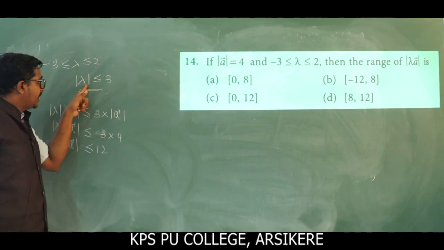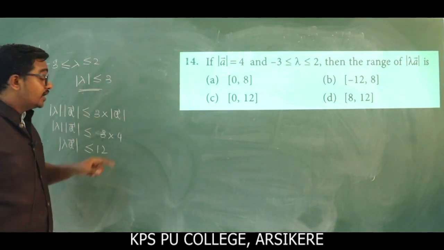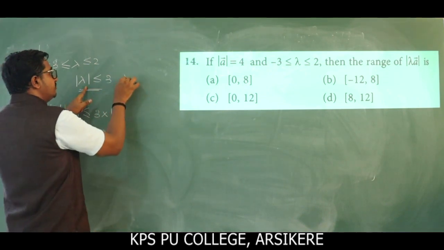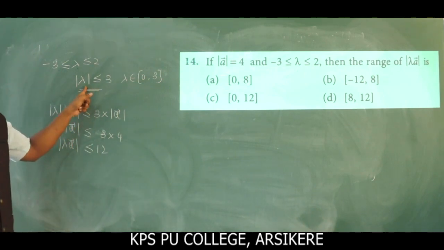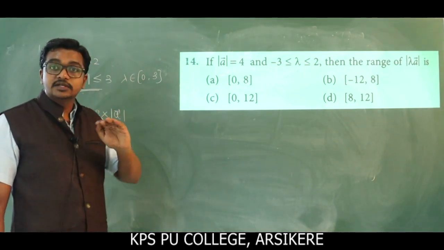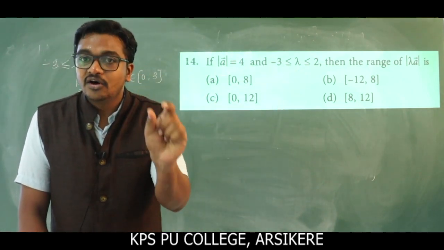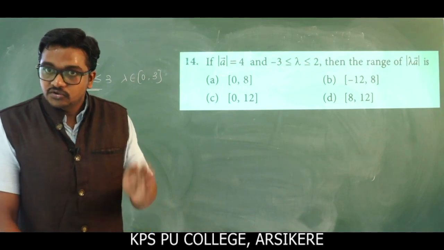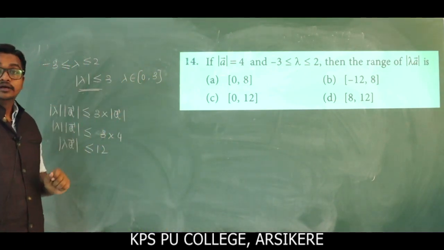That's why the magnitude or modulus of lambda is less than or equal to 3. Therefore lambda belongs to 0 to 3 here. We are not considering up to minus infinity because modulus is always non-negative. It is always greater than or equal to 0. That's why this is the range of modulus of lambda.